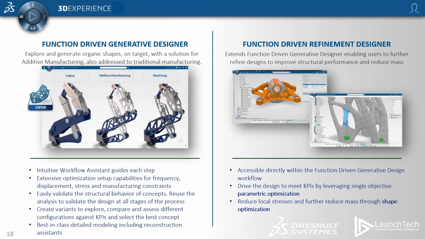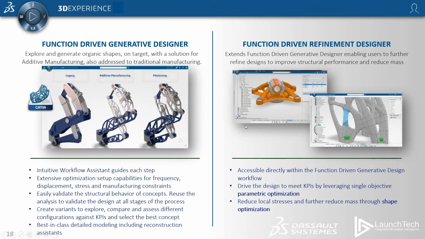You can reuse the entire analysis you have done for validating the design at all stages of the process. And you can create different variants to explore, compare and assess different configurations against the KPIs defined, and then finally select the best concept.